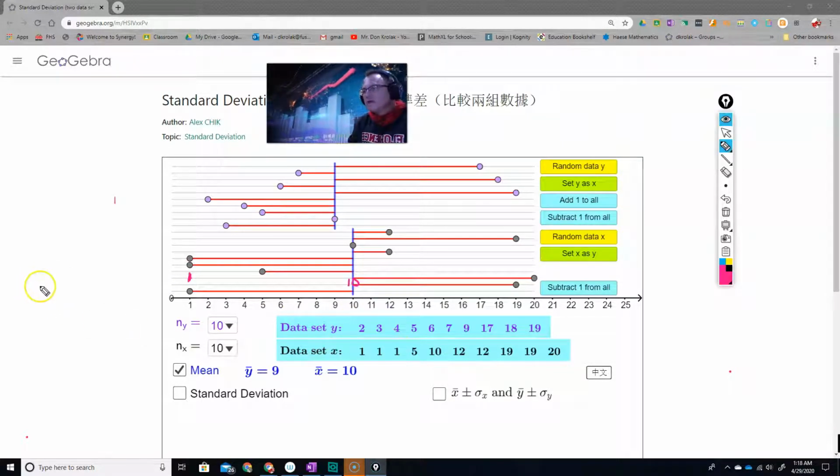So what's going to happen to get the variance for this set? We're going to take each point and figure out how far it deviates from the mean. So for example, this first point is 1. It's to the left of the mean, which is 10. So I could do 1 take away 10. That's equal to -9.